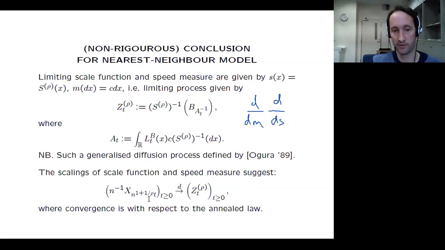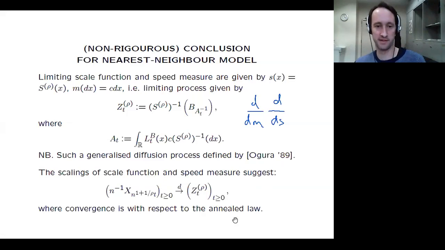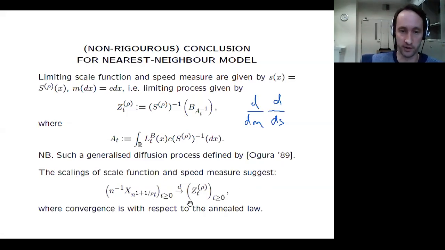So the n times n to the 1 over rho here is really the mass times the resistance scaling for the discrete process. The heuristic suggests this is the scale that we should be looking at. Okay, so that's the basic heuristic idea as to why this is the process that appears and where it comes from.